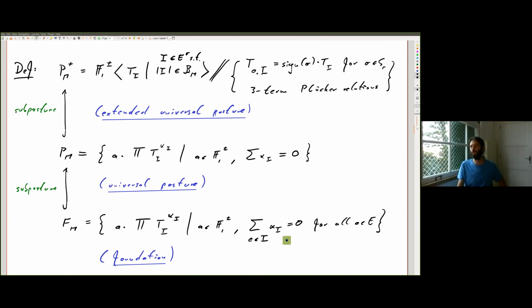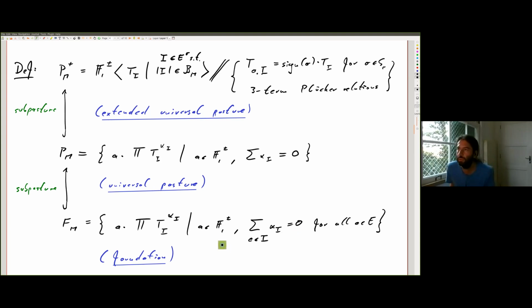But now we want that all the exponents sum up to 0 where I contains E for any given element E in the ground set. So that's why multi-degree. For every element E in the ground set, we get a degree, and each of these degrees has to be 0.